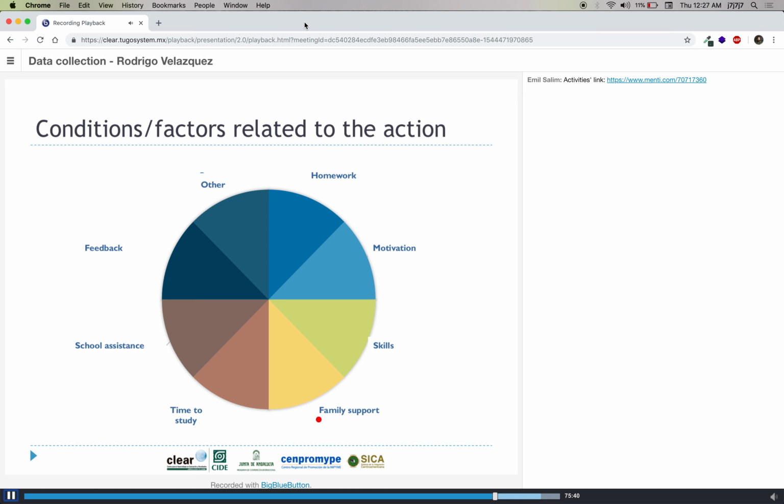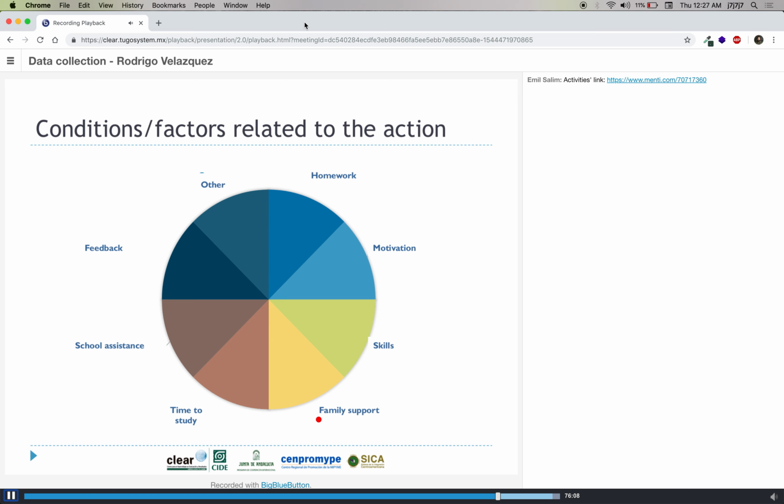So, of course, if we do not have these conditions, then this program is not going to work, or maybe it is not going to be successful. So every single government action has to be supported by evidence concerning the action that is to be implemented, but also the conditions that we want to achieve. So it is very important to take this into account.